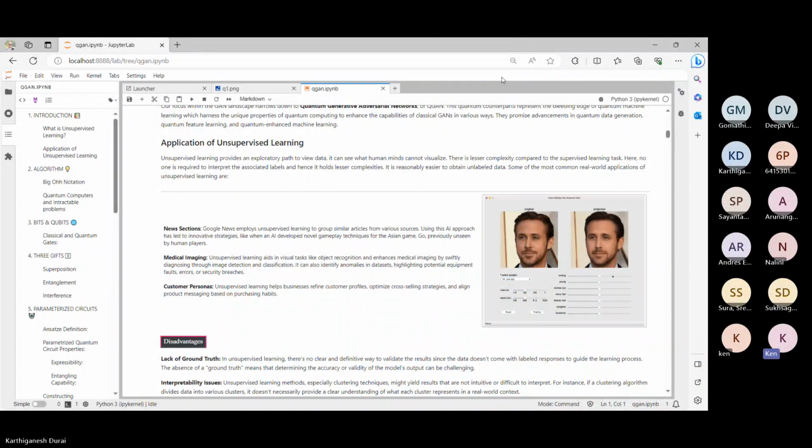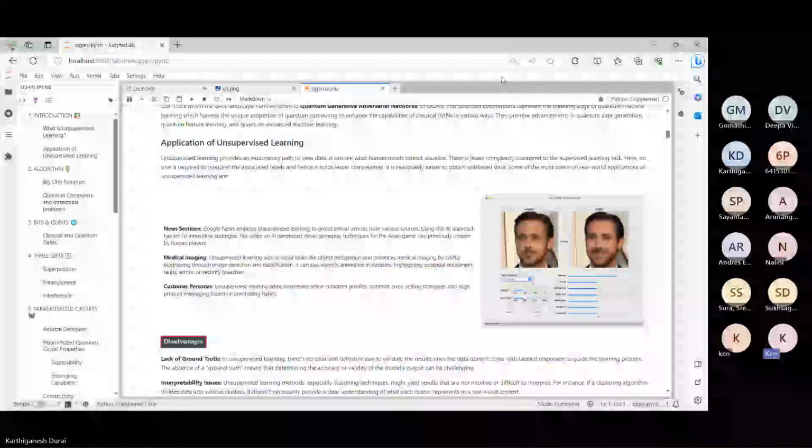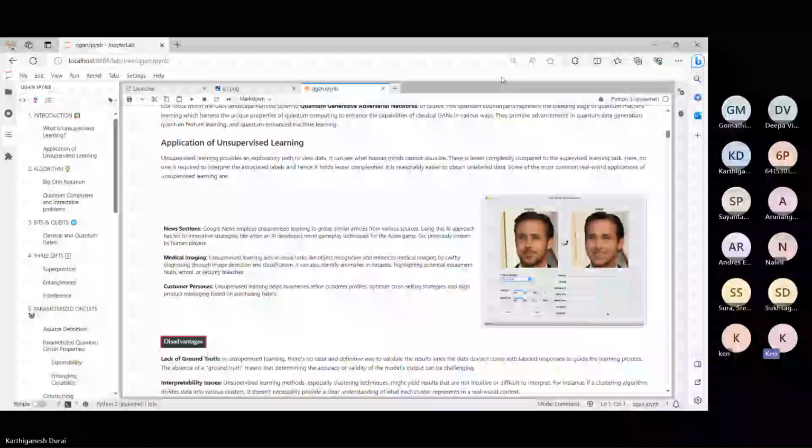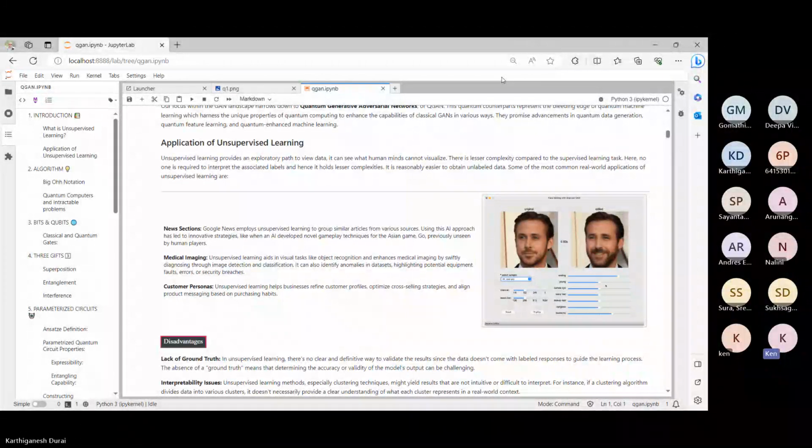So as I mentioned earlier, our focus here will be on the generative adversarial networks. And this will be the one we'll implement in our session here today. But let's continue. So applications of unsupervised learning.